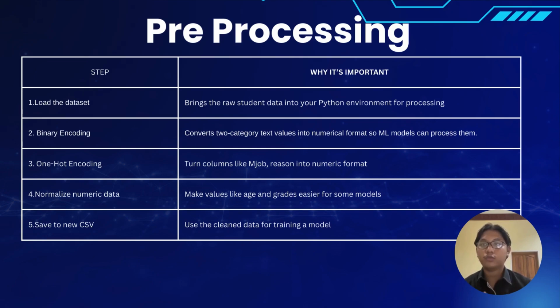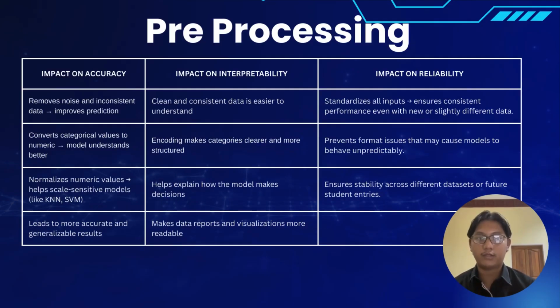We also normalize numerical features like age and grades to improve model performance. These steps improve the accuracy of our model by removing noise, ensure reliability through consistent formatting, and enhance interpretability so that the results are easier to understand.